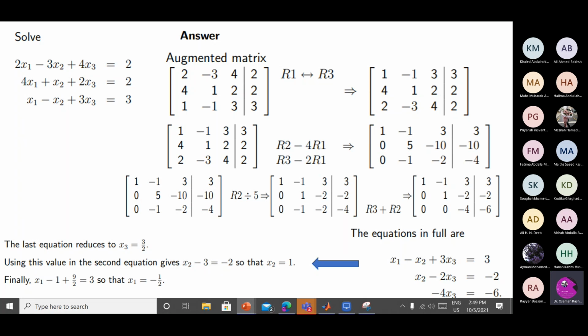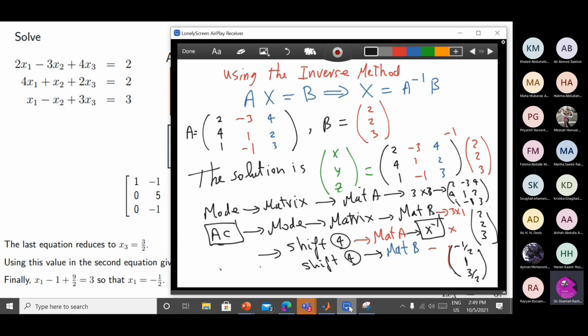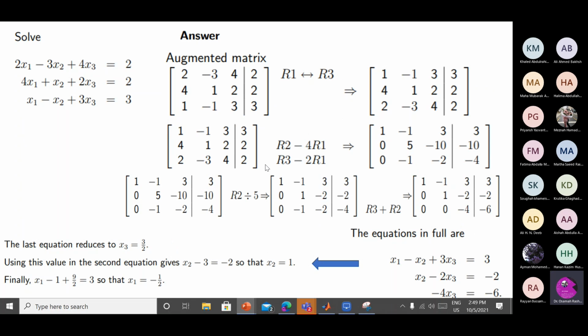This is what you have to do to get it in your calculator, right? And this is how to manage by hand. Fine.